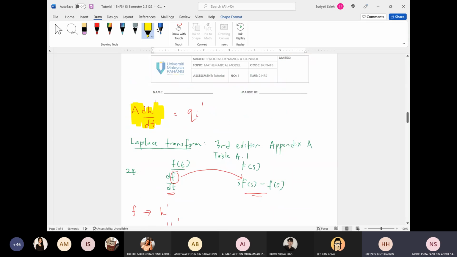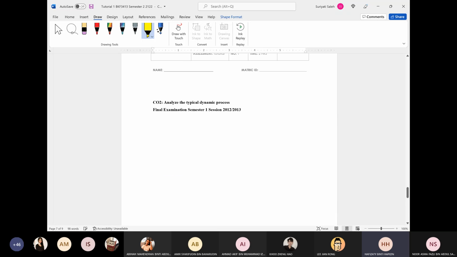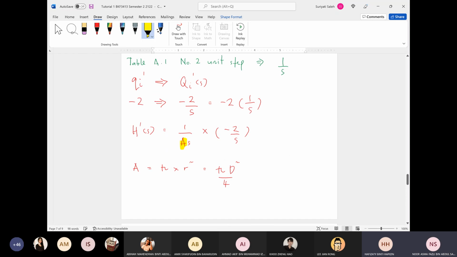So based on this, we substitute the value of pi multiplied with 3 squared over 4.